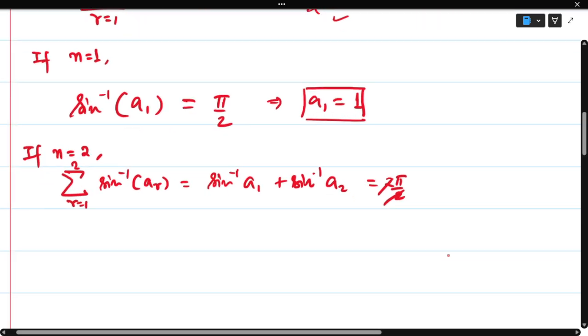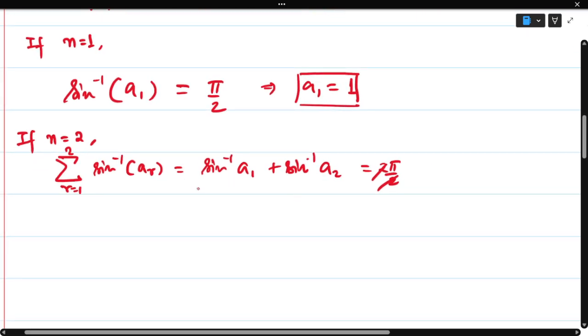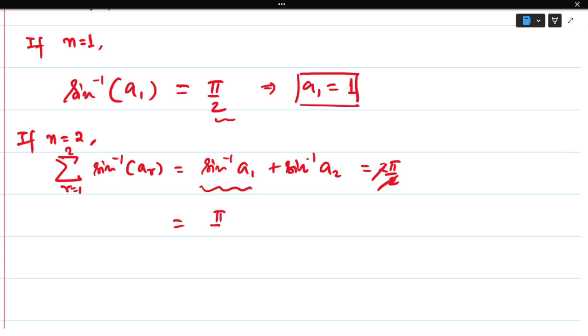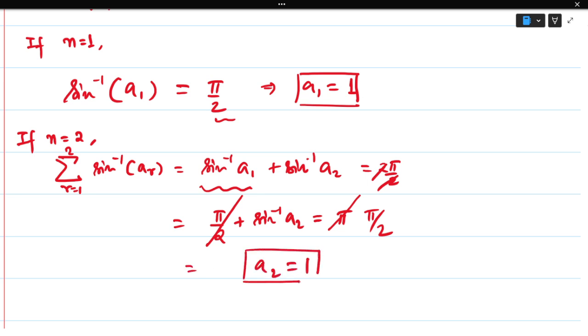And already we know that sine inverse a1 is pi by 2. So if you put the value, we get pi by 2 plus sine inverse a2 equal to pi. So pi minus pi by 2 will be pi by 2. So we conclude that a2 is again 1, right? So what do you think? Next, is a3 also coming to 1?